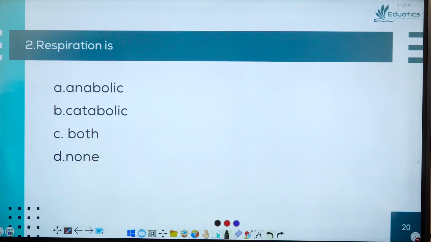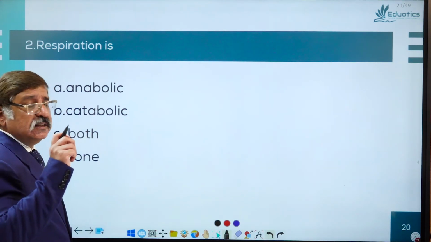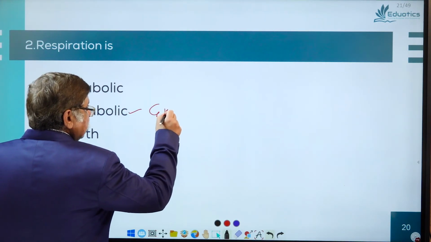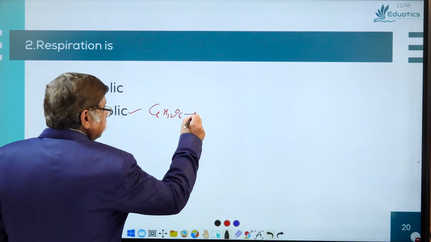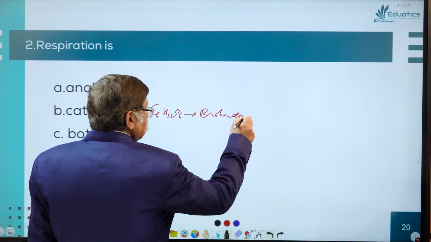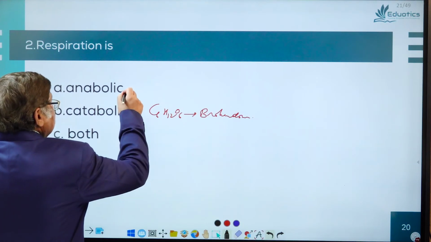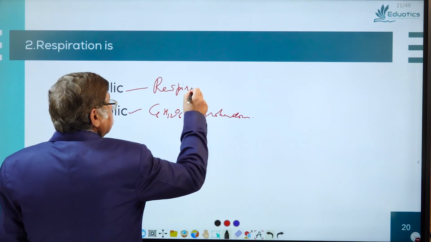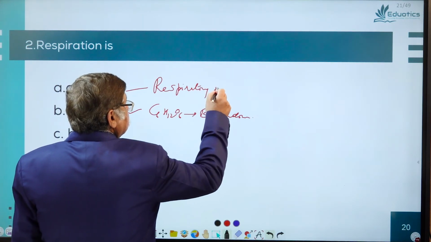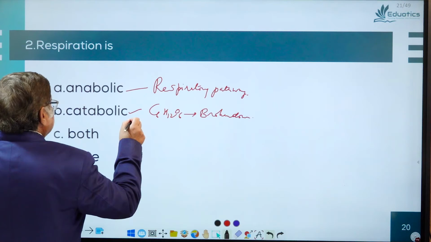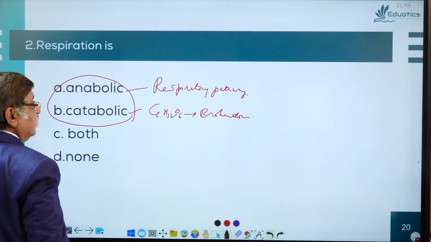Respiration is anabolic, catabolic, both, none. Now listen to me carefully. Respiration is catabolic because glucose is broken down. But respiratory pathways are both anabolic and catabolic.